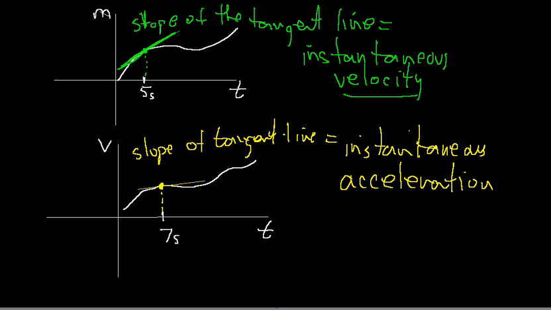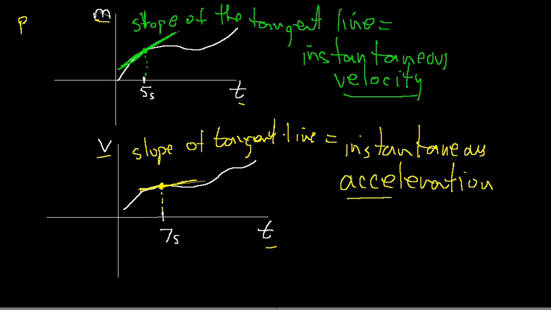Looks like it's time to plug in. Okay, so if I look at the slope of the tangent to a curve of velocity versus time, I'm going to get the instantaneous acceleration. If I look at the slope of a tangent to a curve of position versus time, I'm going to get velocity.